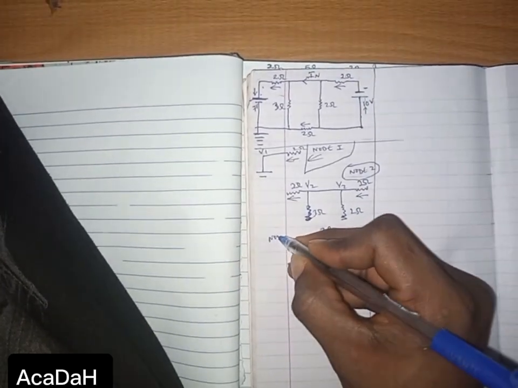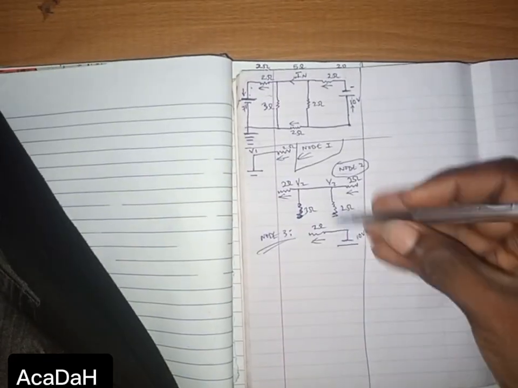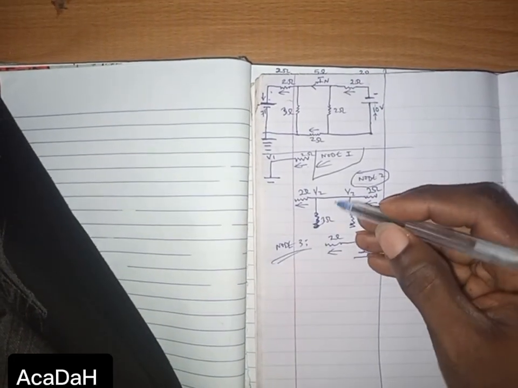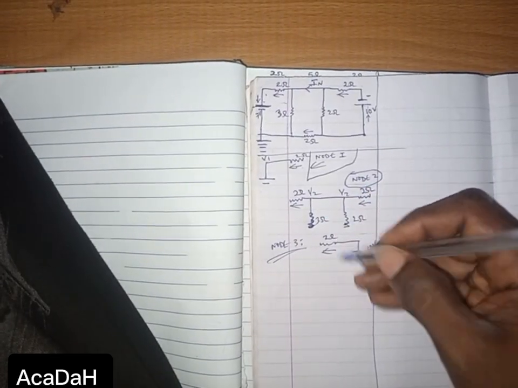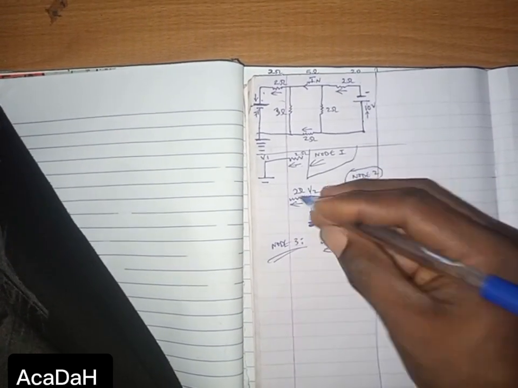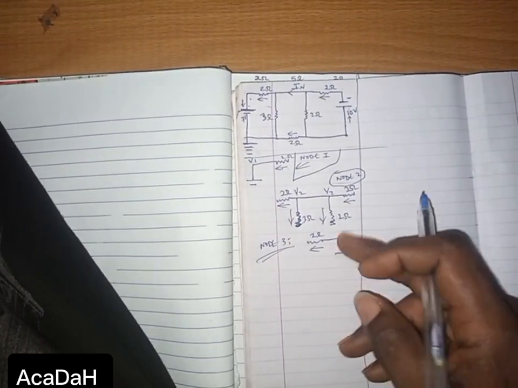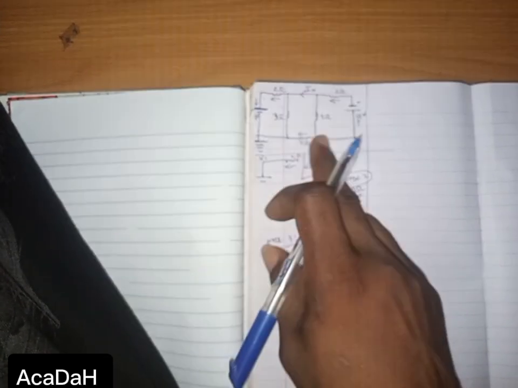This is node 3. Why this is node 2? On the inside of the nodes, the current moves from higher potential to lower potential. So it's moving from node 2 to node 3. So this one is going down. But node 3 does not include anything like that. So that means it's moving from here to the ground.